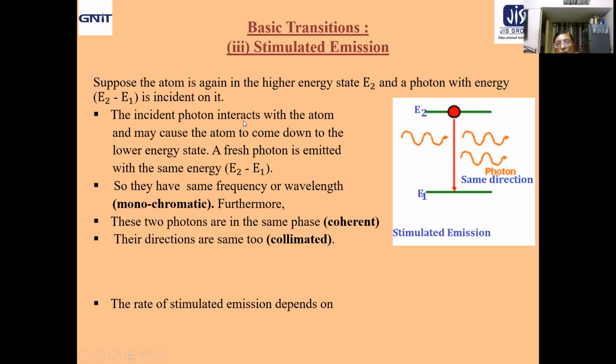The incident photon interacts with the atom and may cause the atom to come down to the lower energy state. That means as a triggering signal, it may enter into the system to give the message to the atom to come down to the lower energy state.